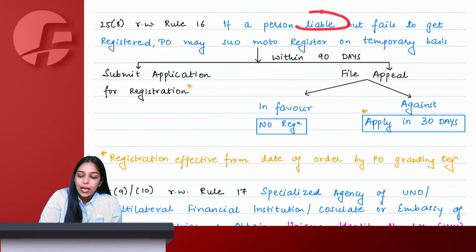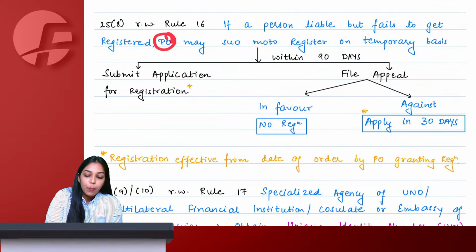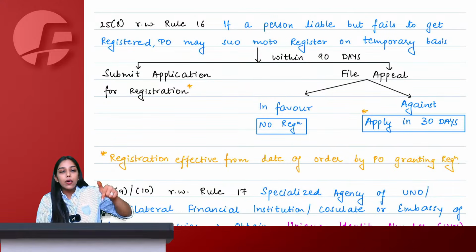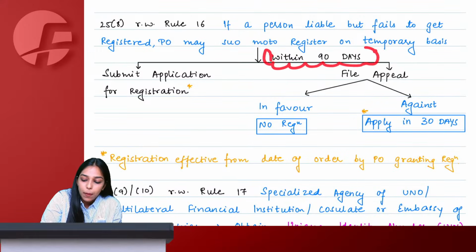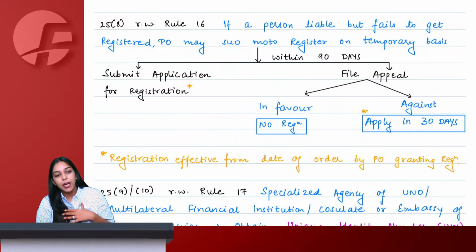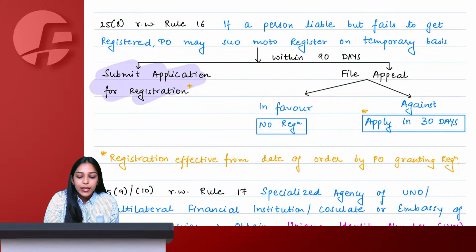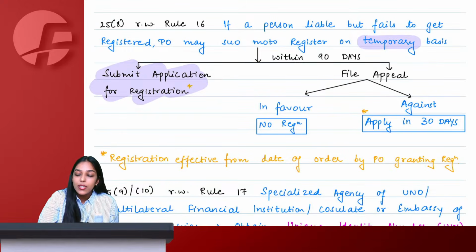So if a person is liable but fails to get registration, then the proper officer may suo moto temporarily register you. The day on which the proper officer gives you an order for temporarily registering you, within 90 days from this date, either you accept that yes, it was my mistake, I was liable, I am sorry, and you submit a proper application to obtain registration, because this was temporary.